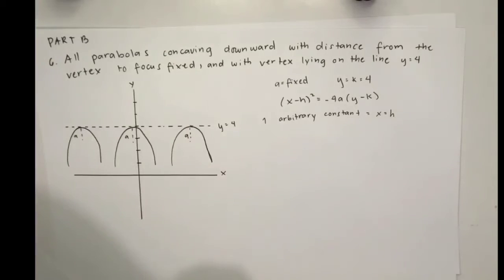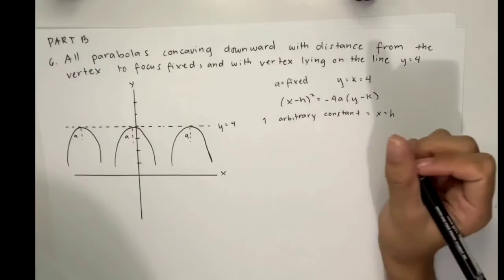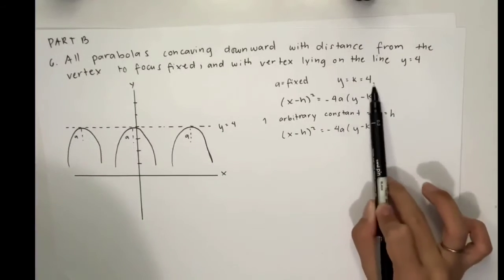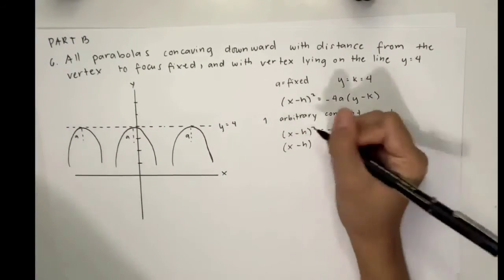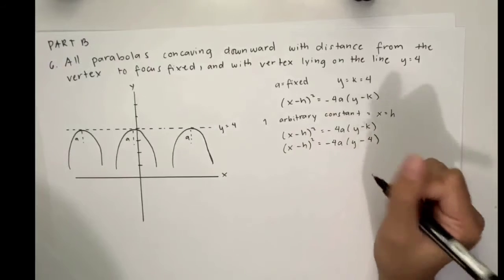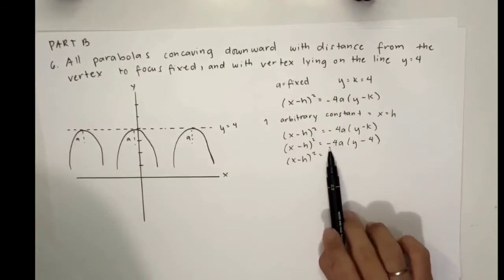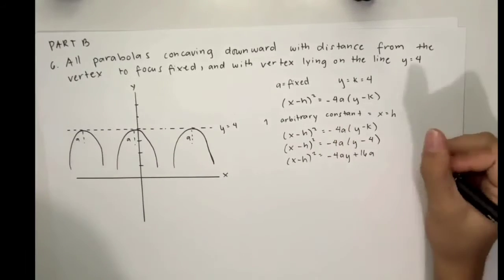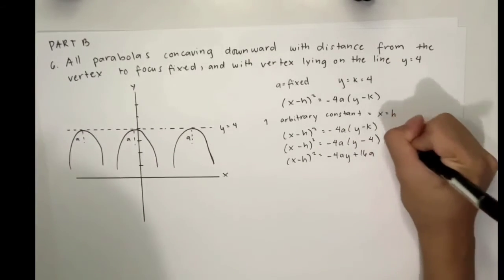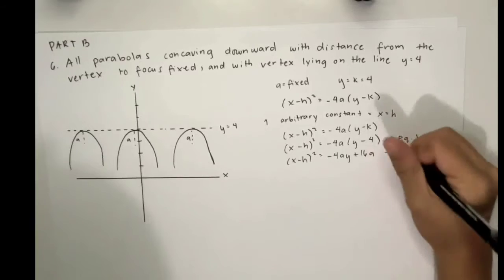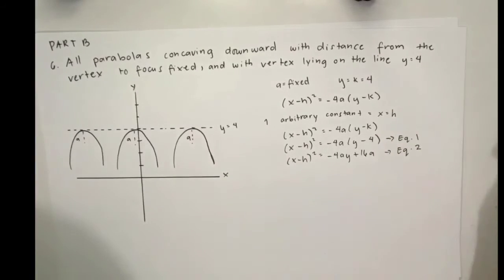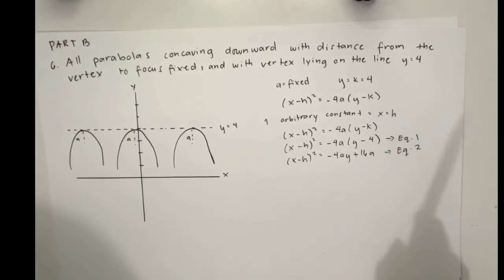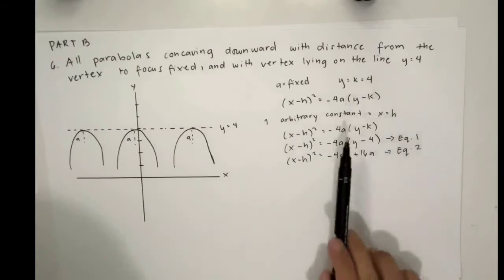Then we proceed to the computation. Substitute our k into the equation. Then we simplify, distributing negative 4a to y and negative 4. We label this as equation 1 and this as equation 2. Since we only have one arbitrary constant, we only need the first derivative of this function.